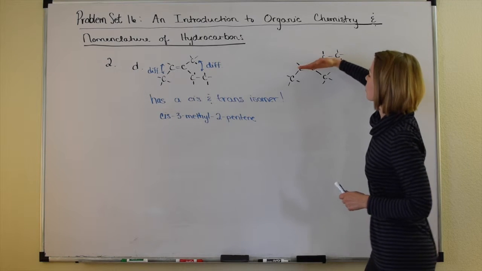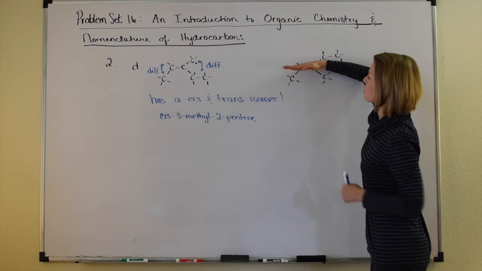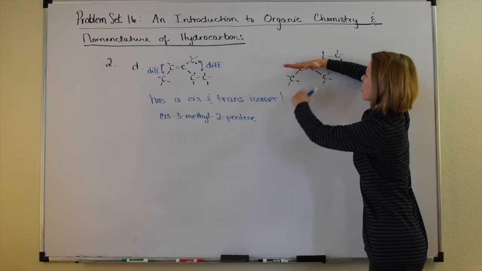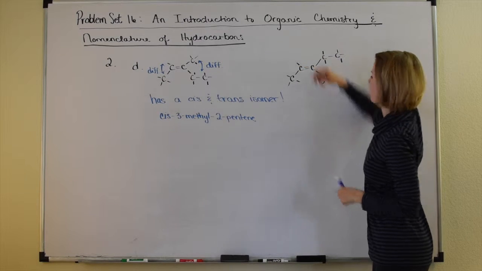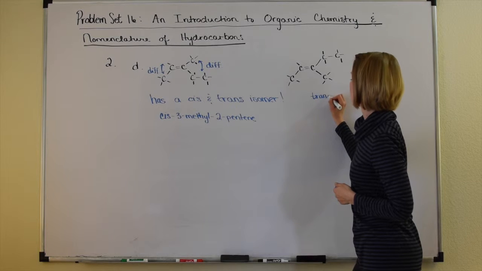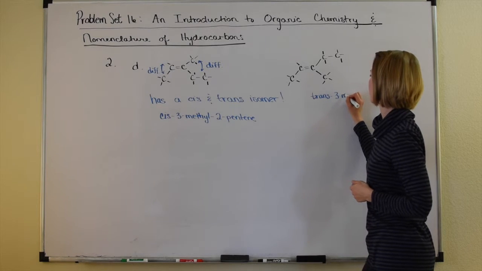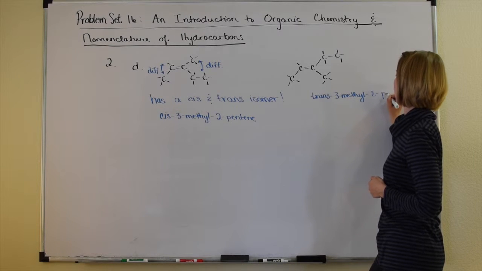Again, because if you're looking through your double bond, draw a line there. Your largest 2 substituents here are on opposite sides. Okay. So this is trans 3-methyl 2-pentene.